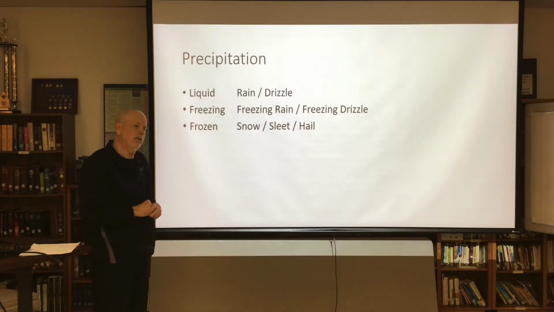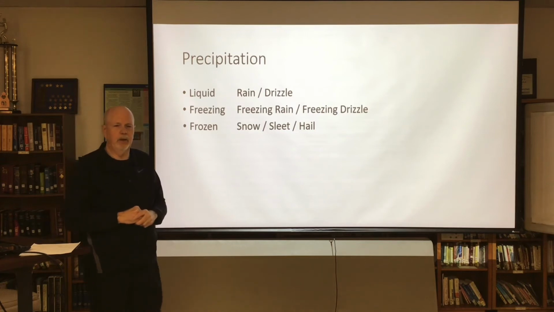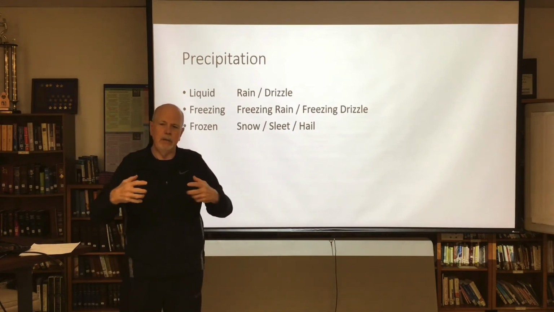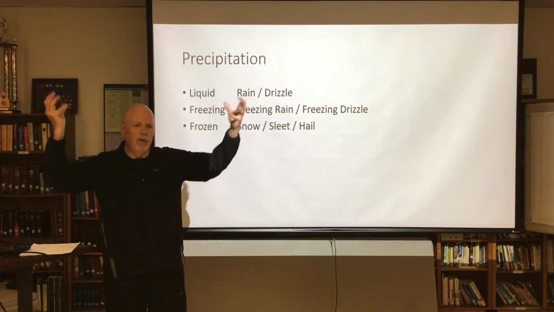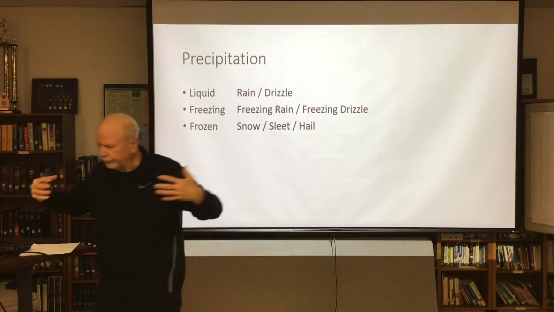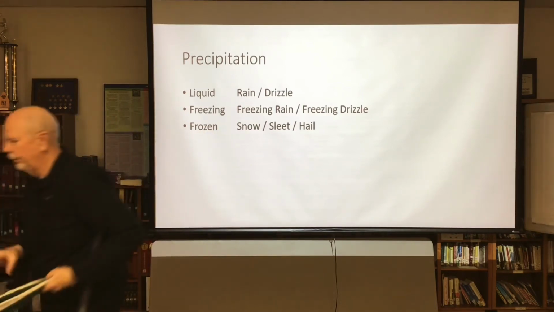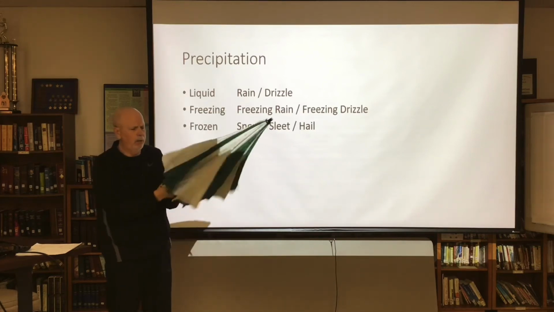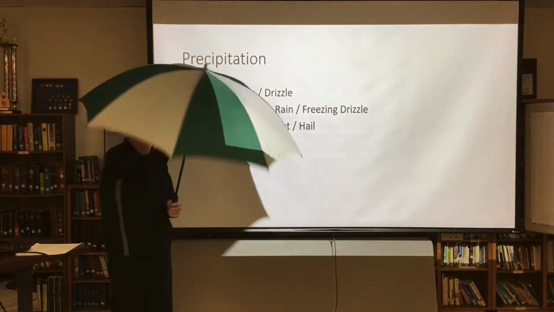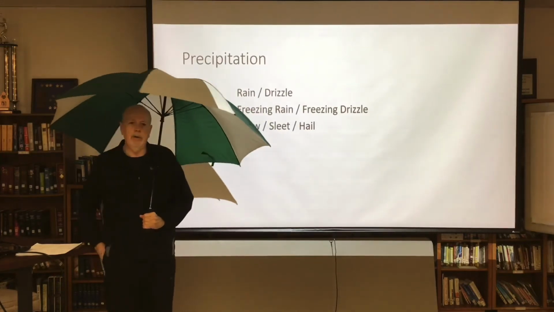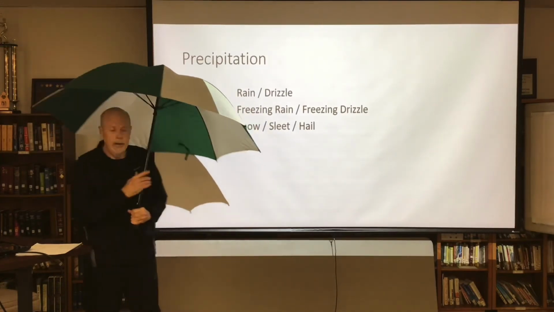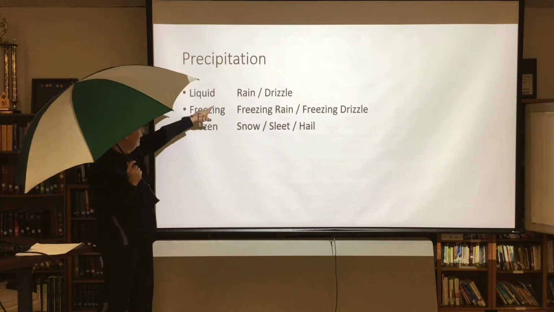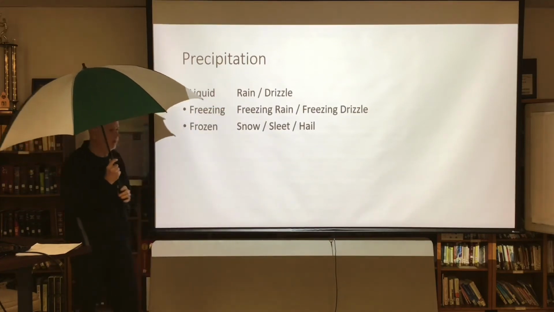All right, so next, let's talk about precipitation. Precipitation is another word that means there's some sort of water falling from the sky on our head. So if we're going to talk about precipitation, we probably better be a little bit better prepared here. And so I always have my umbrella with me just to make sure that I'm going to be dry when it's raining or drizzling.